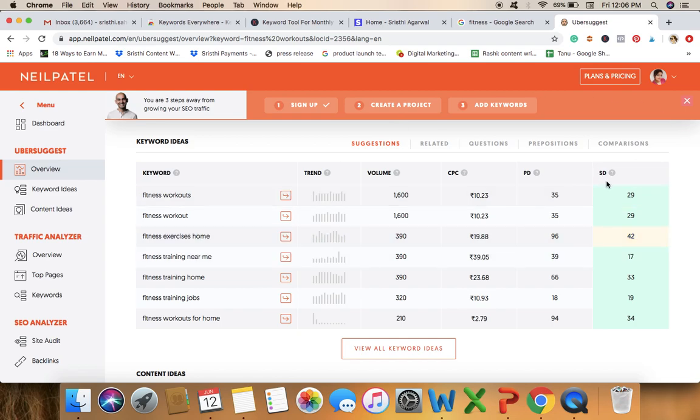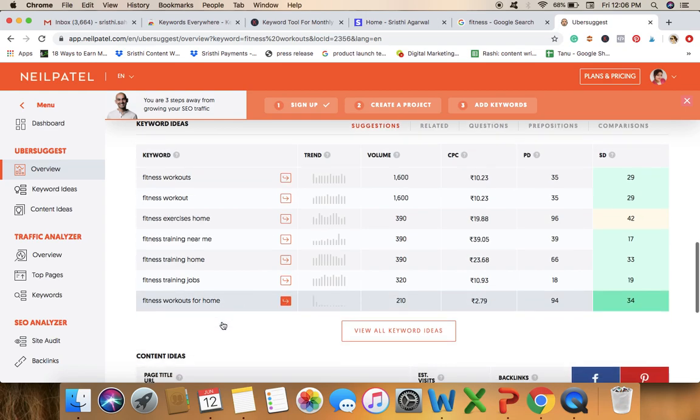Now SEO difficulty, all the green ones are easy to rank. That is what Ubersuggest is showing, and you can also see the search volume here. So we can just consider these 2 keywords, because for the rest the volume is really low. So you can take them as keyword synonyms. These are the small keywords which you can put in between your article, so that for anyone who hits it, you might get lucky and your website might show up.